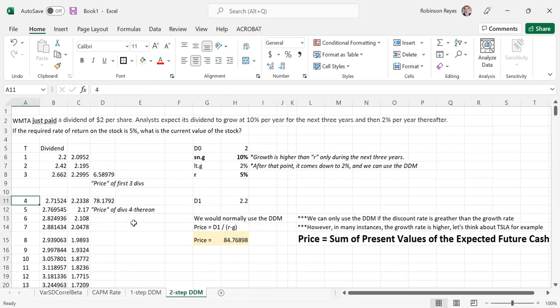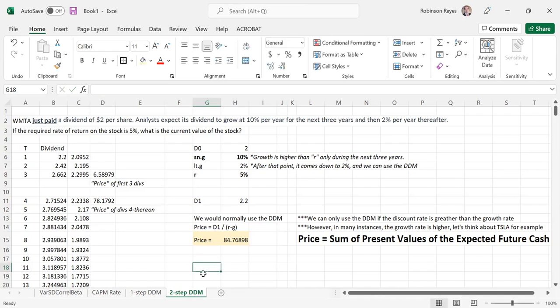And now what we will do is the following. Let me use this formula here. Price, and now I'm going to price at T4. So the price we will get is the price as if we are standing and our D1 is D4 actually.